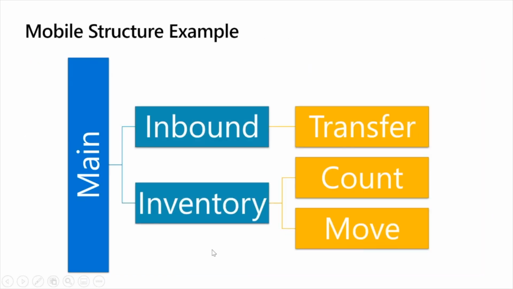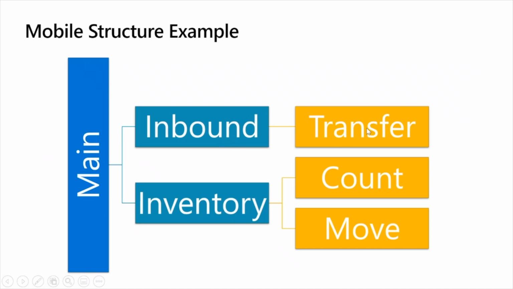The last thing I will go through before we jump into the demo is just the quick overview on the mobile structure as well. So here in the graphic, we see we've got a main menu that's available when the user first logs into the mobile app. We've got a couple of sub menus configured, in this case, inbound and inventory. You can consider these the categories of transactions that the user might be doing.